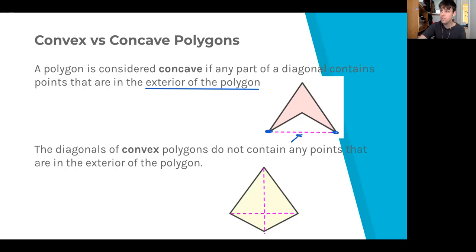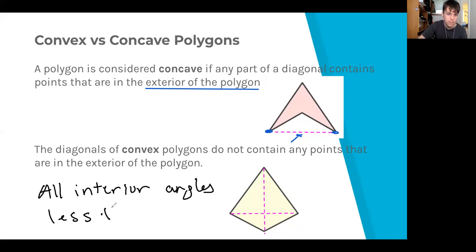Another thing about these two descriptors is the angles as well. For a convex shape, all interior angles are less than 180. So all of these, 1, 2, 3, 4, all 4 of those angles are less than 180. If it's concave, at least one, this one right here, will be greater than 180.